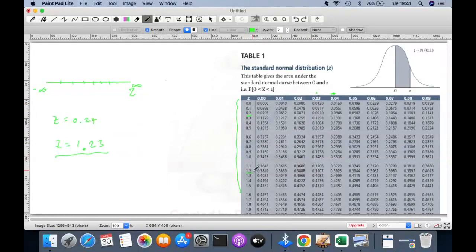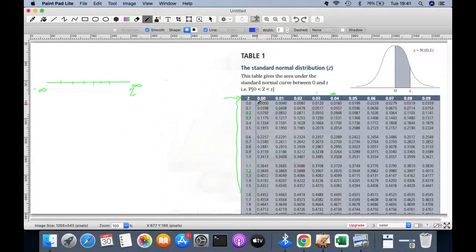So where these two intersect, which is about here, that's how I find my z values. Okay, they're located on the margins. Right. Now the values inside the table, everything, I'm going to put a, let me do a different color here.